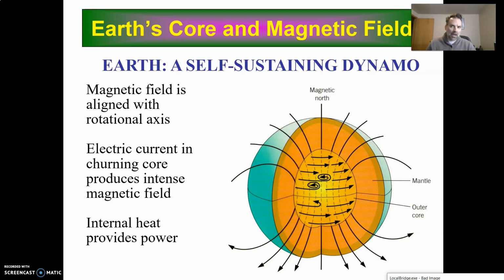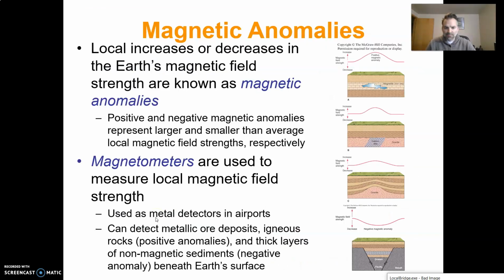A lot of these planets, I know Mars, for instance, was very similar to ours, and it had water. It may have also had plate tectonics. But the magnetic field here is aligned with the rotational axis. Here's the magnetic north pole, the mantle, the outer core, but it's that turning that creates the magnetic field.